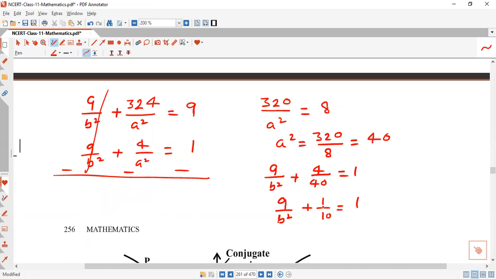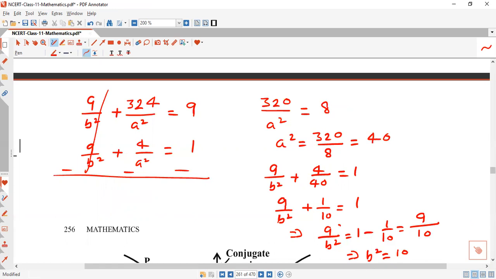Taking this value to this side, 9 upon b square equal to 1 minus 1 upon 10. Taking the LCM 10, 10 minus 1, 9 upon 10. So 9, 9 cancel out, implies that b square equal to 10.